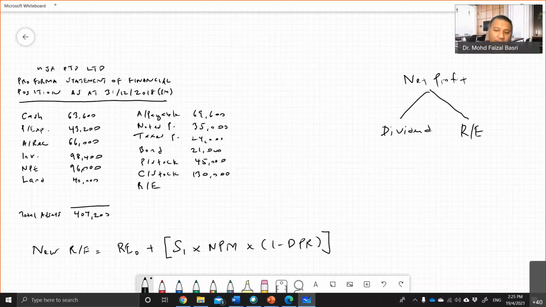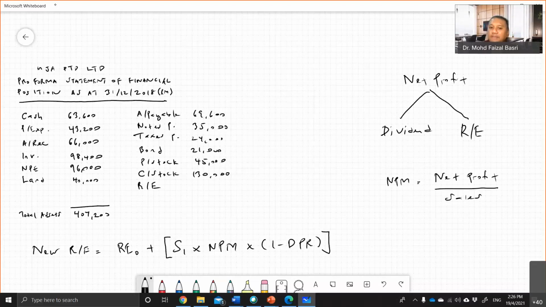Net profit margin stands for net profit divided by sales. If we know our net profit margin percentage and our forecasted sales amount, multiplying the two gives us the net profit of the year.